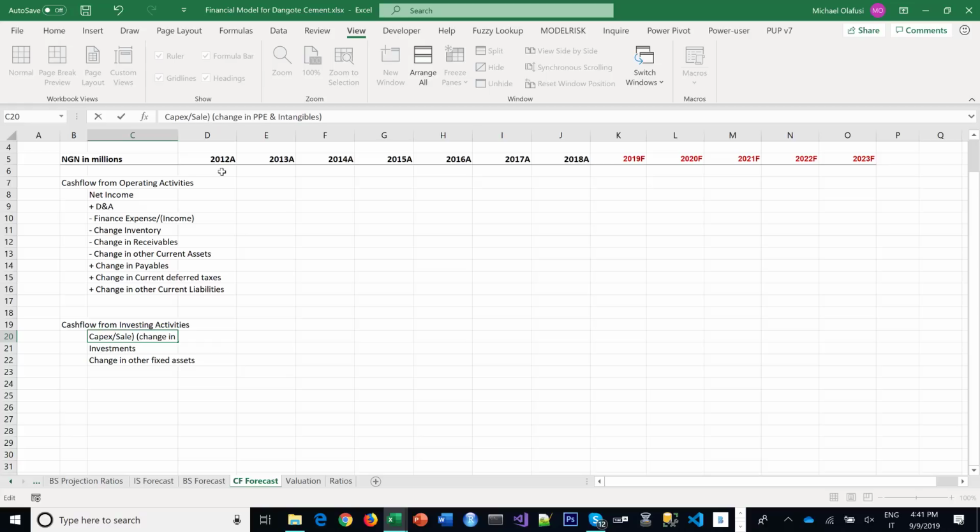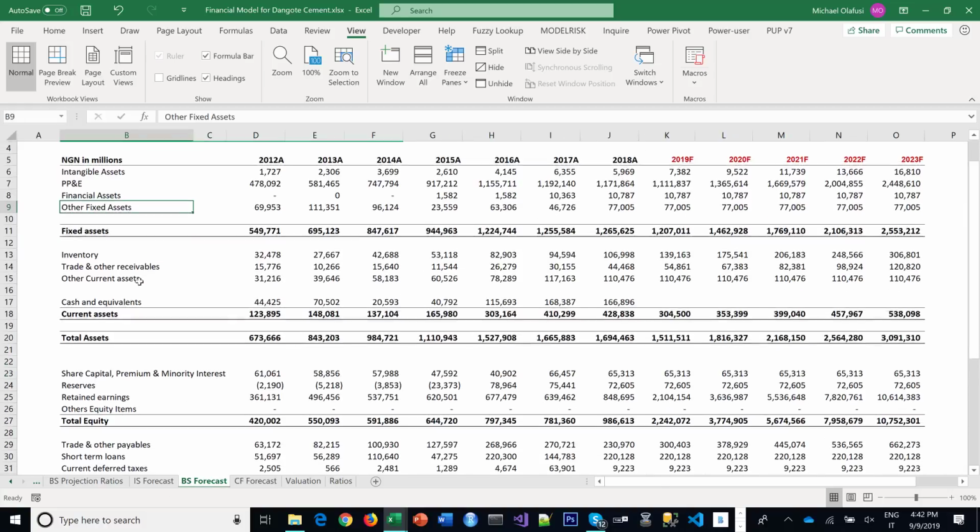Slash sale. Capex slash sale. So that you don't get too much of it, let me write it this way then. So change in other fixed assets. Let's see what other line items.